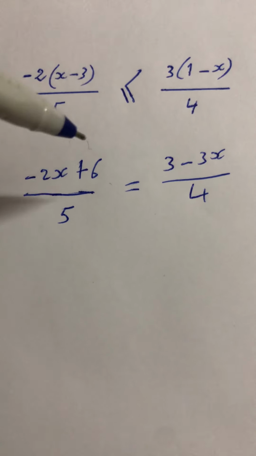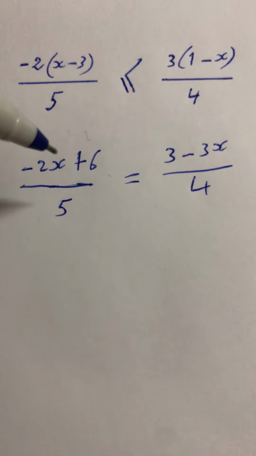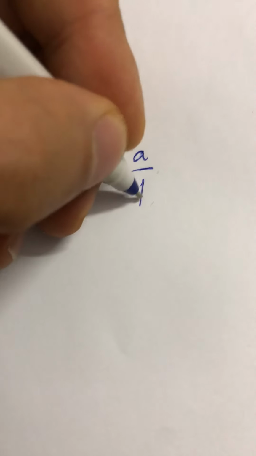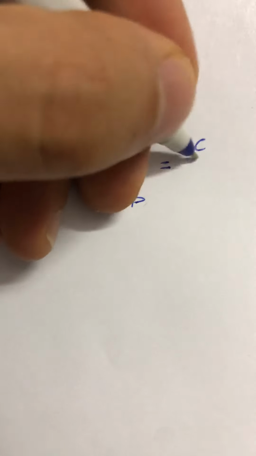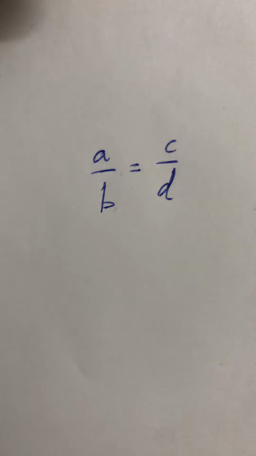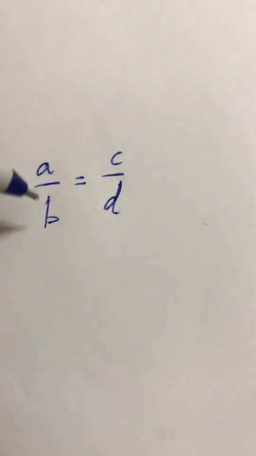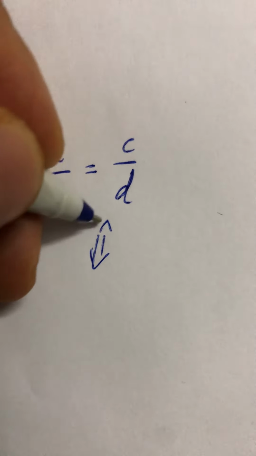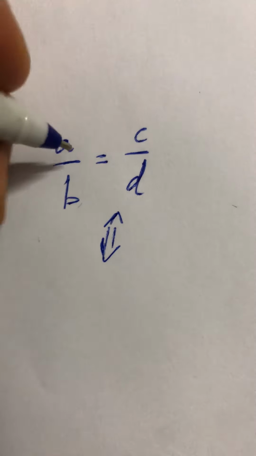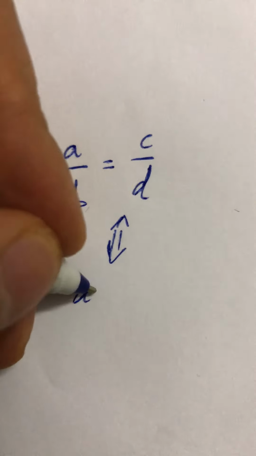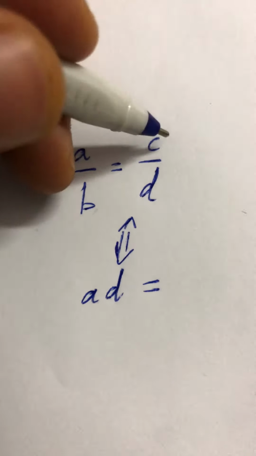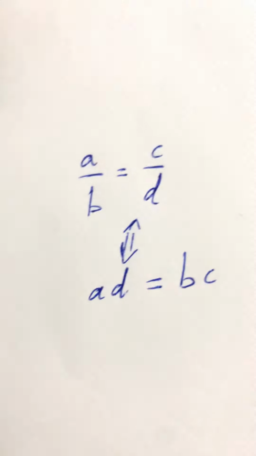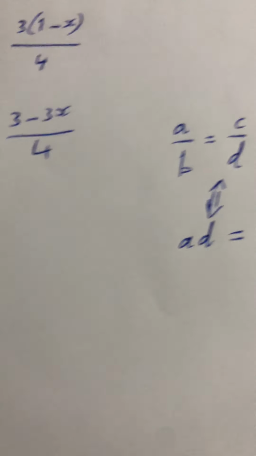Now, we have a rule here. We can apply a rule. If you have a over b equals c over d, this is equivalent, a double implication, gives a times d equals b times c. Okay, so we apply this rule here.